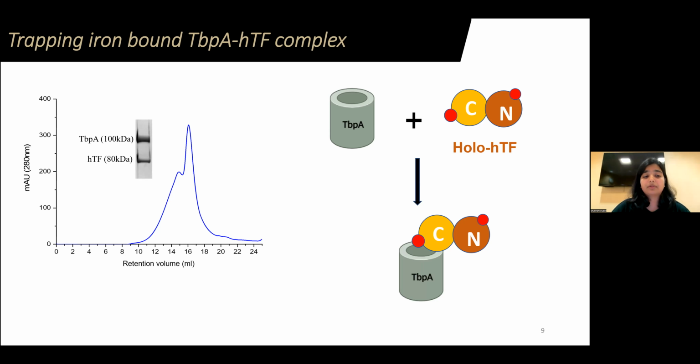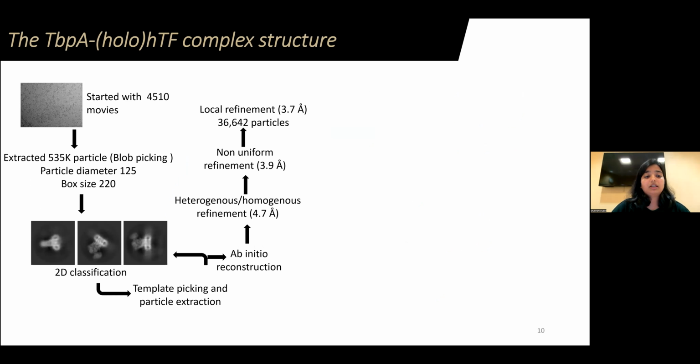After making the complex, we collected cryo-EM data here at the Purdue cryo-EM facility. This is just a pipeline to show what we generally follow in the field to solve the data from cryo-EM. I won't go into the details, but I'll be happy to take questions later.